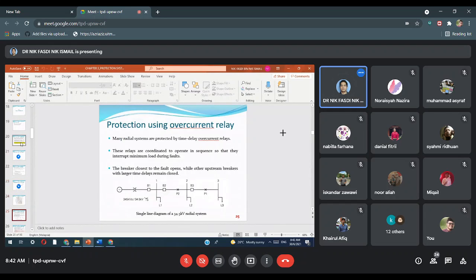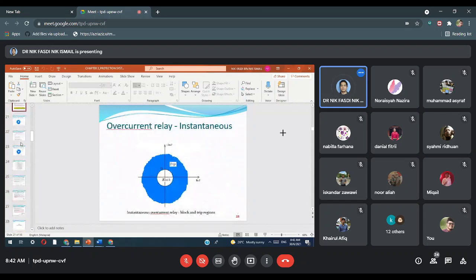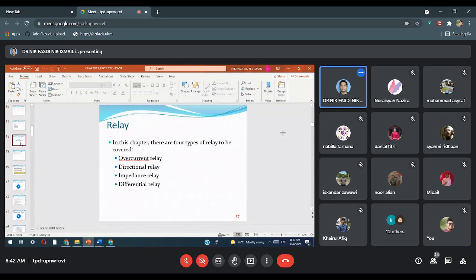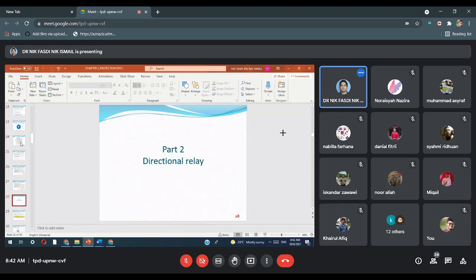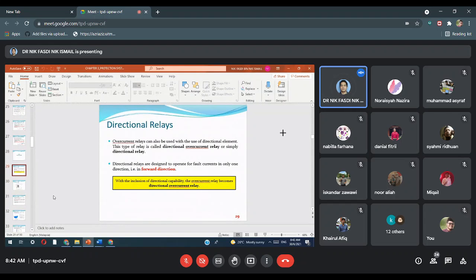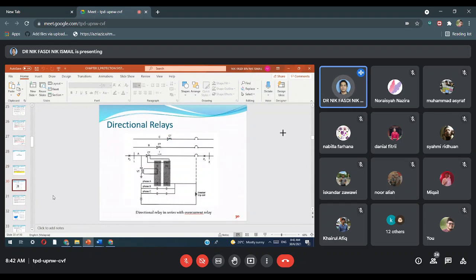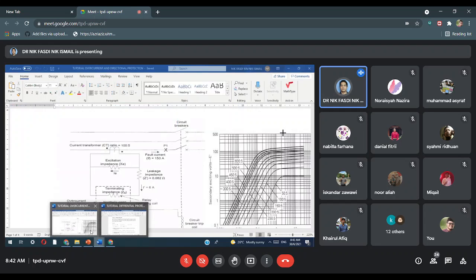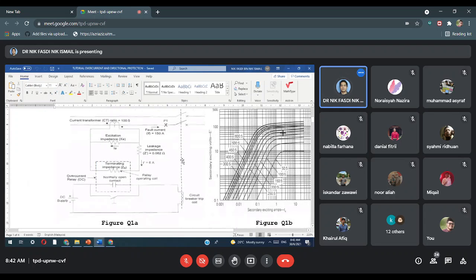Okay. Oh, it's okay. Tak apa, konsep dia, cuma yang ni pun boleh pakai lah, cuma different. In the tutorial figure dia tak ada distance, dia cuma ada overcurrent, because this tutorial on overcurrent. Okay, konsep sama lah.